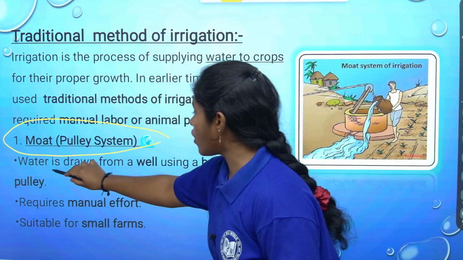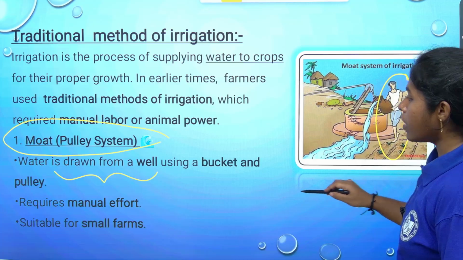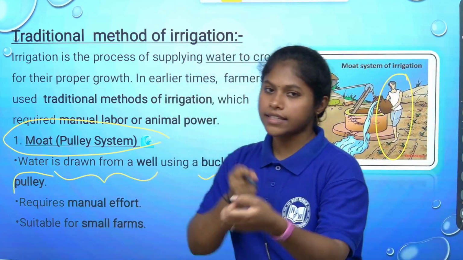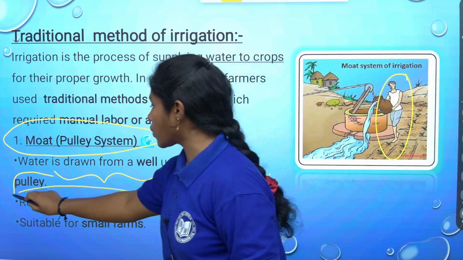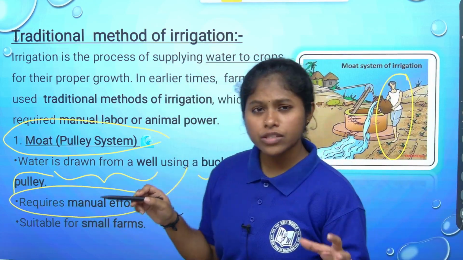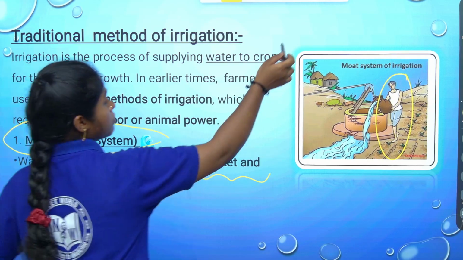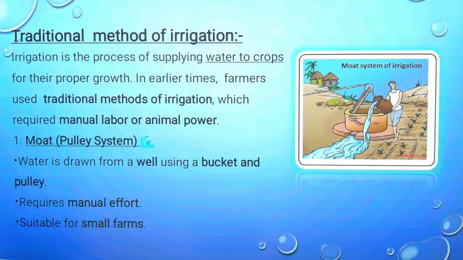The water is drawn from the well by this farmer using a bucket called a pulley. They are pulling the water from the well. So children, manual effort and more energy are required, and it is suitable for small farms. Thereby it is not very cost effective, right children? And this is about the moat system.